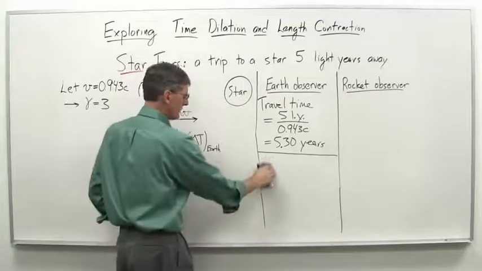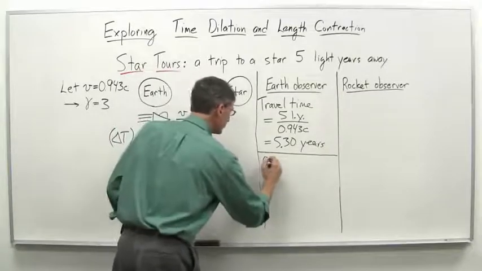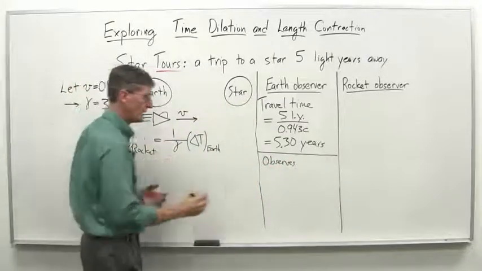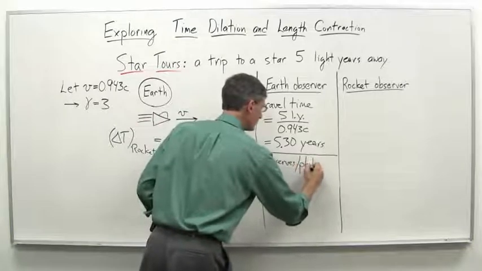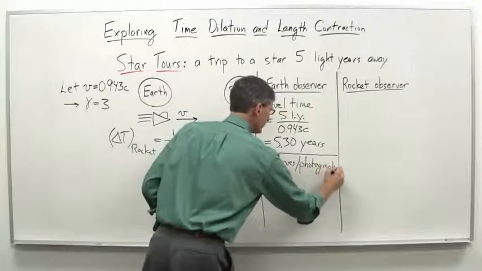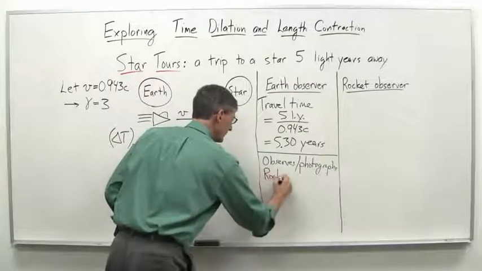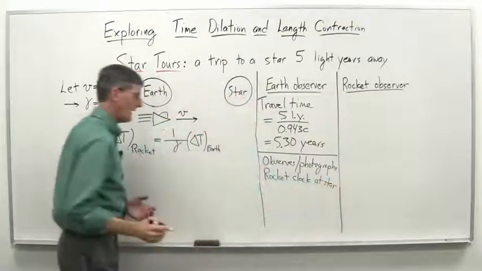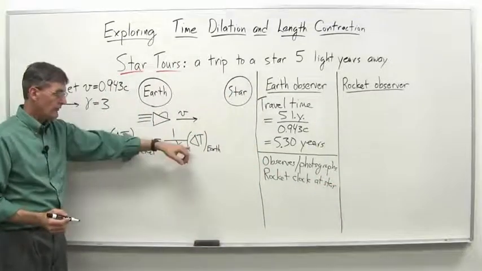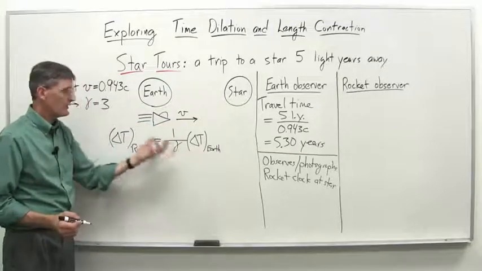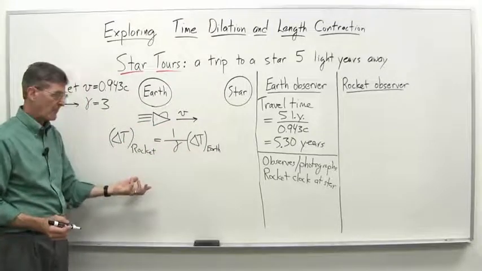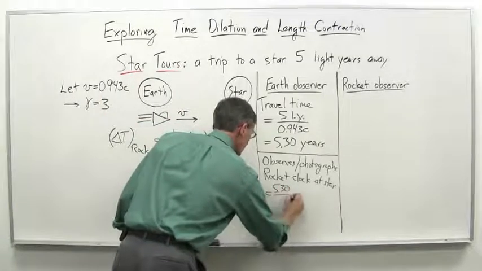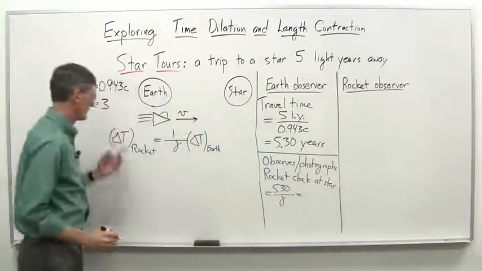So if delta T on Earth is 5.3, then the Earth observer observes, in this case, observes means photographs, so I might as well say observes/photographs, the rocket clock at the star, and the time on that clock is going to be the elapsed time on the Earth clock, 5.3 years, divided by gamma, which of course is 3 here.